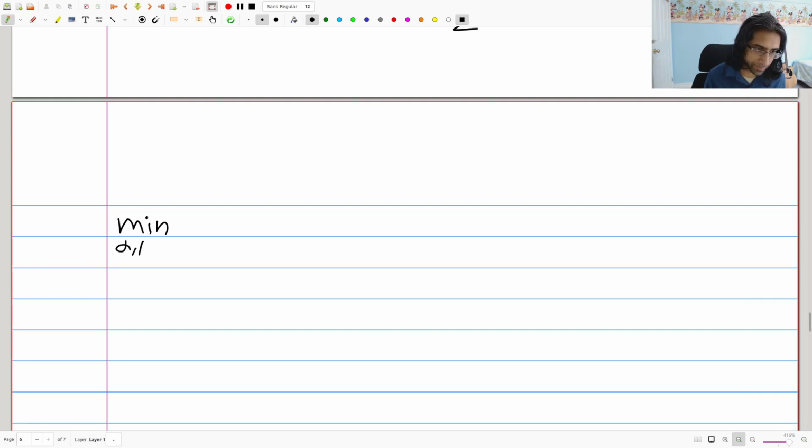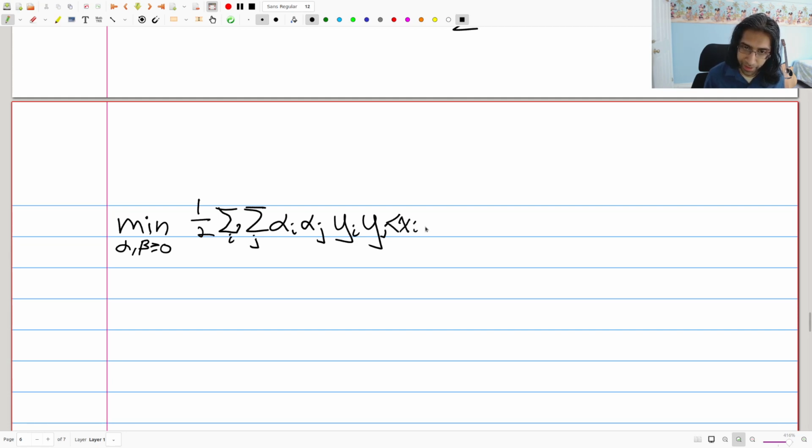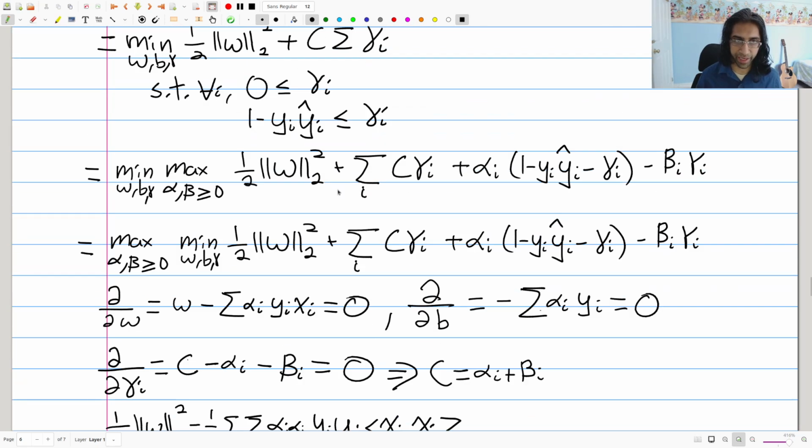So alpha i, beta is greater than 0. Again, this is just negating things. And then the inner product of xi and xj. So this is what we have here, and then minus the summation over i of alpha i. That's the simplified form of this expression.